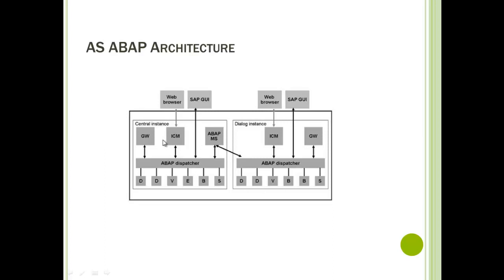So apart from the central instance, all other instances are dialog instances, where you do not have the enqueue work process, meaning it is providing dialog services, whereas each process is named after the specific role it is going to do, like dialog or background or spool or whatever it is.